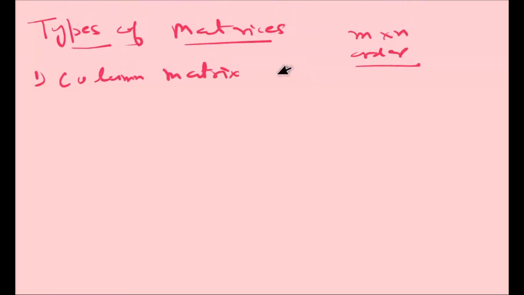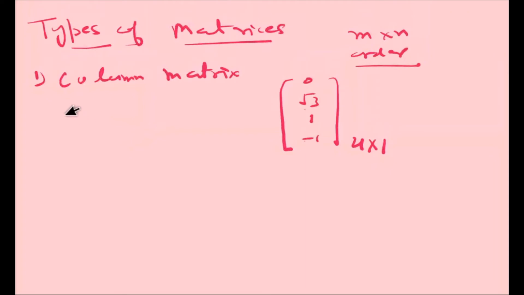You can say one example: 0, root 3, 1, minus 1. This is your example. Now you can see here 1, 2, 3, 4 rows, but the column is one only.